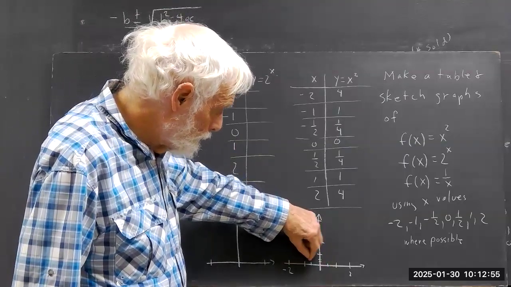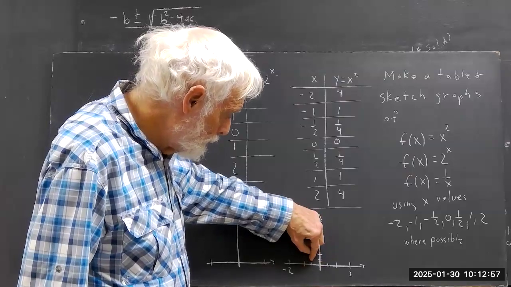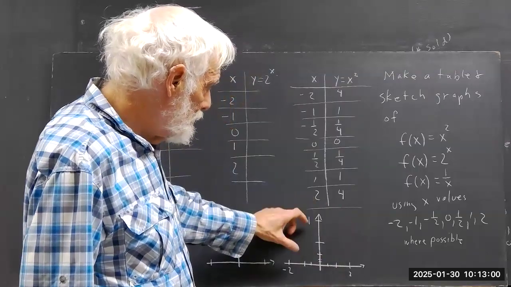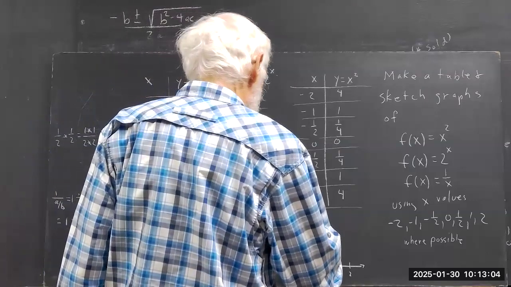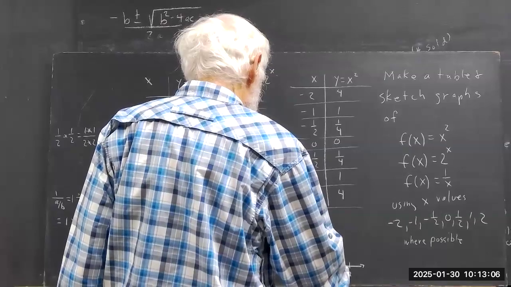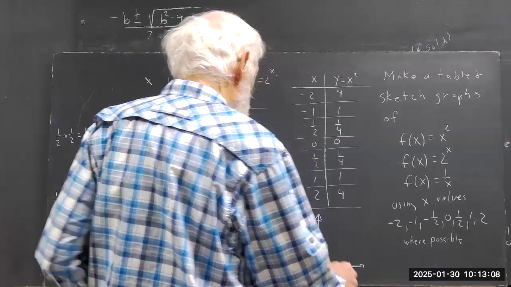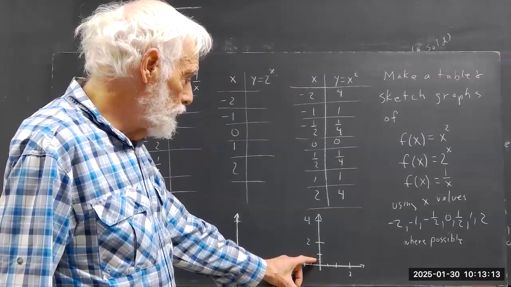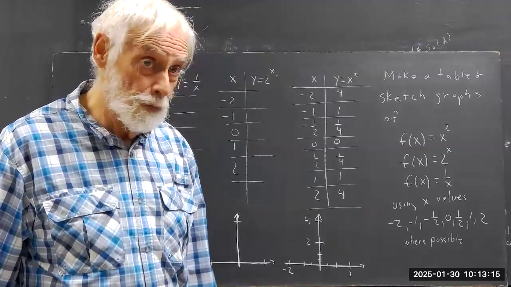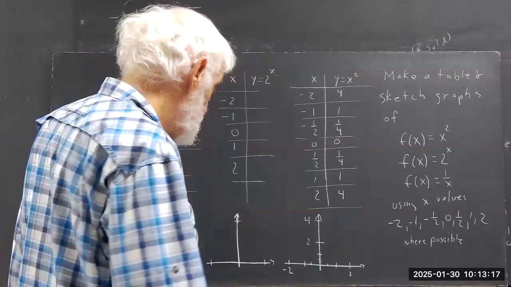Halfway from here to here gives you this. Halfway from here to here gives you this. It's the same over here. And halfway from 4 down to 0 gives you 2. And halfway from 2 to 0 gives you 1. And then you got these numbers down here, which, yeah, from 1 you go halfway, so there's 1/2, there's 1/4, right? Okay.